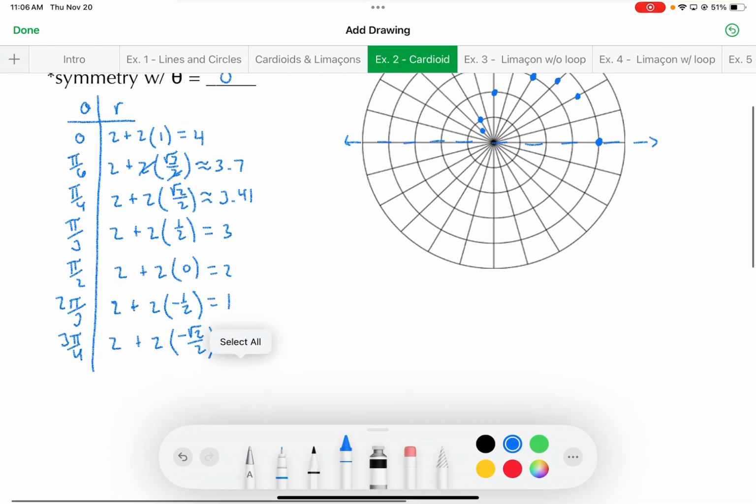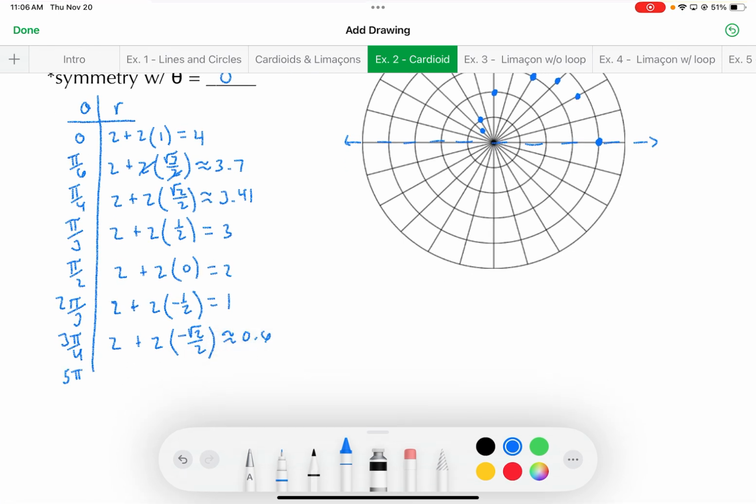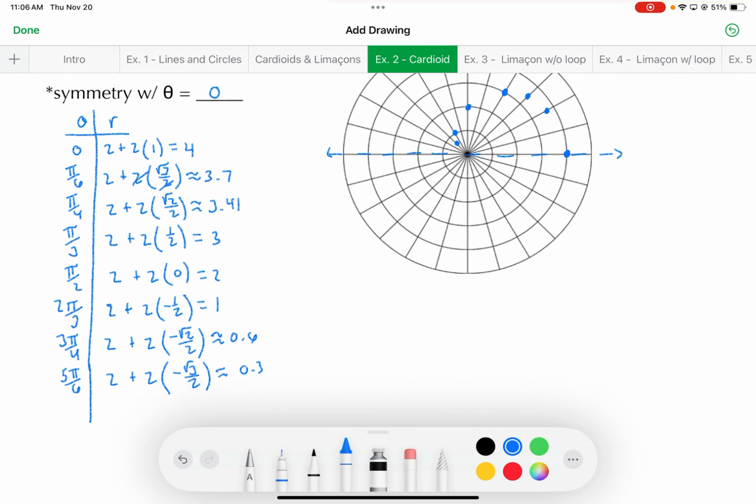Okay, and then let's do 2 more. 5 pi over 6, or 150 degrees. Cosine there is negative radical 3 over 2. That's going to approximate to 0.3. See how we're getting close to the pole? Just do your best to plot that.